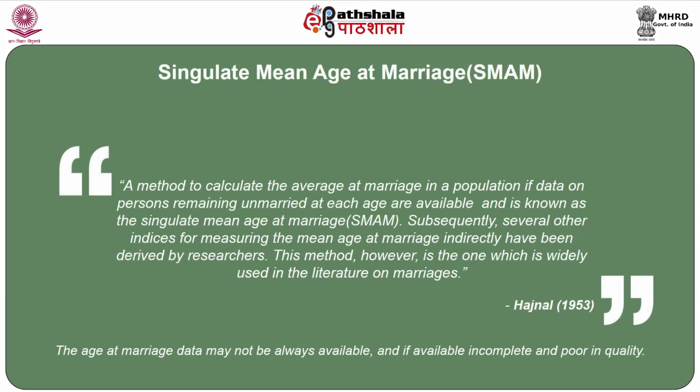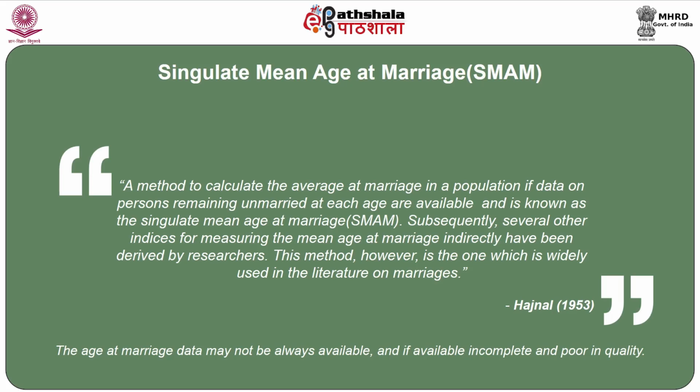Hajnal in 1953 gave a method to calculate the average age at marriage in a population if data on persons remaining unmarried at each age are available.